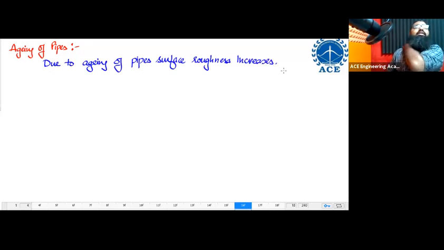Now what will the increase in surface roughness do? Automatically, if surface roughness increases, the capacity of a pipe to deliver discharge will decrease. For example, in places closer to the sea, this case is very significant. In Chennai, Mumbai and such places you'll find this.